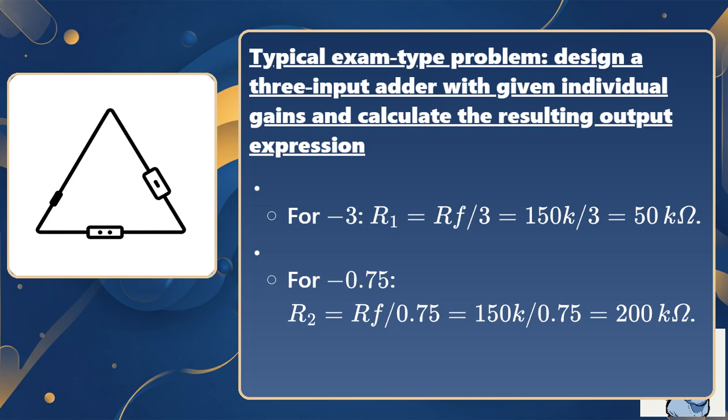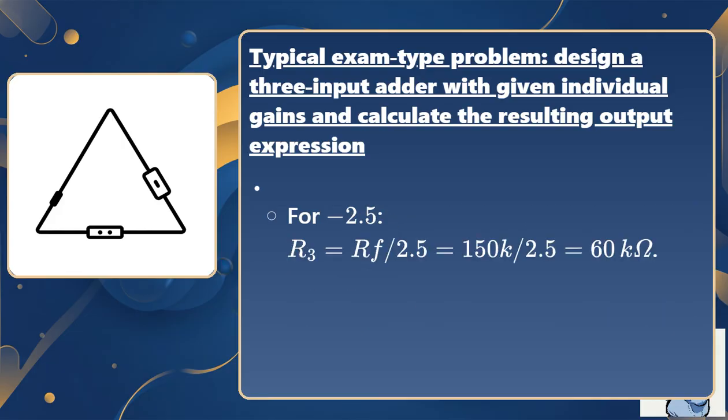For -0.75: R2 equals RF divided by 0.75 equals 150 kiloohms divided by 0.75 equals 200 kiloohms. For -2.5: R3 equals RF divided by 2.5 equals 150 kiloohms divided by 2.5 equals 60 kiloohms.